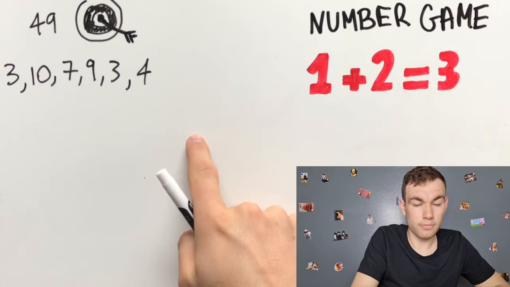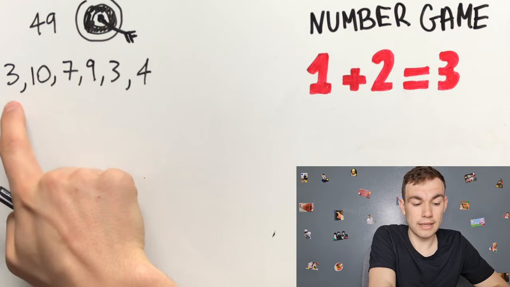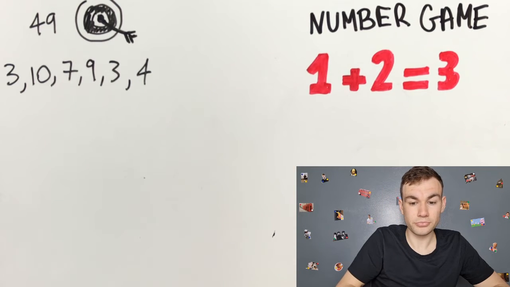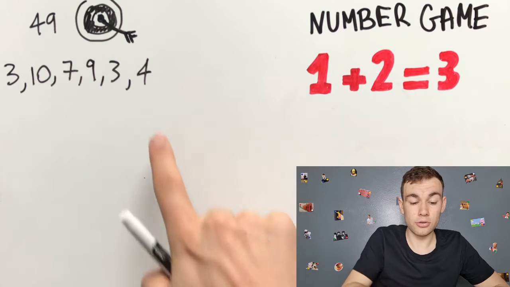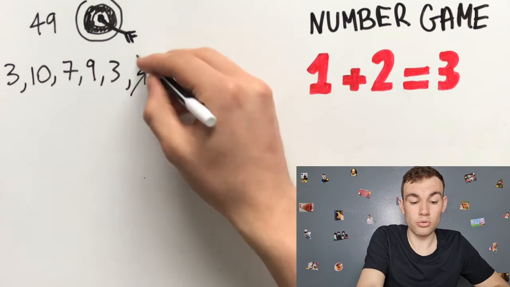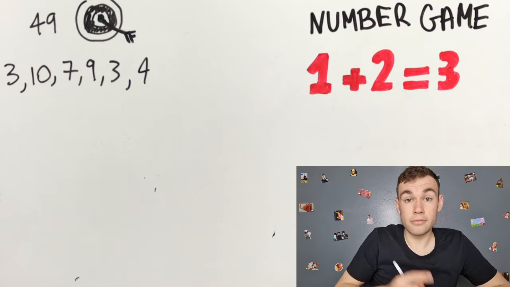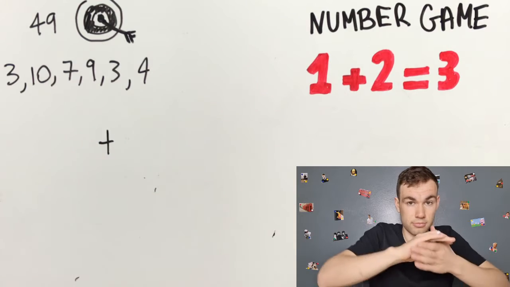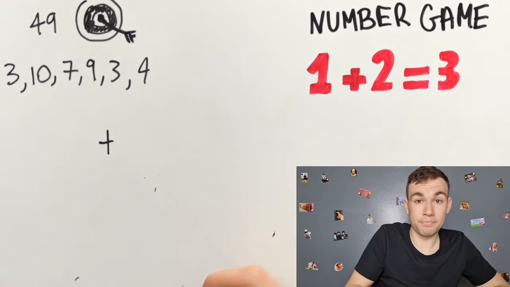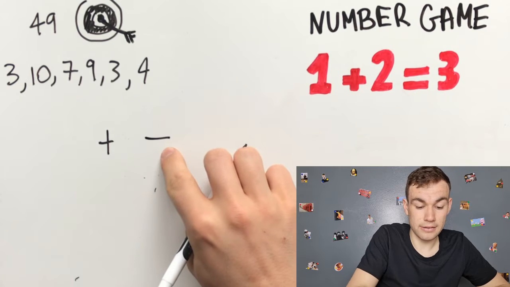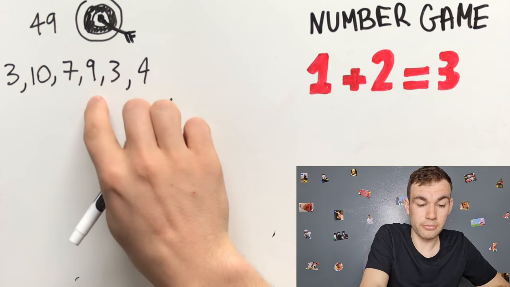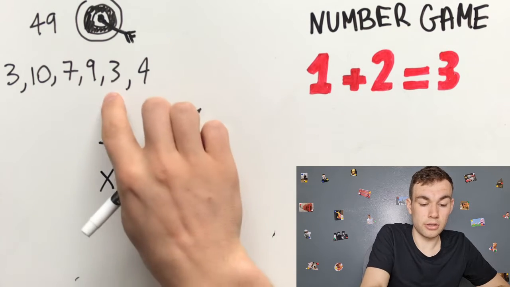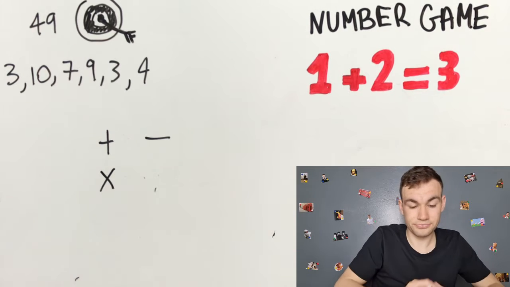Rules are that we can use each of these numbers once. So if we use 4, we lose 4. We are allowed to add 2 numbers together. We are allowed to subtract 1 number from another. We are allowed to multiply 2 numbers together.